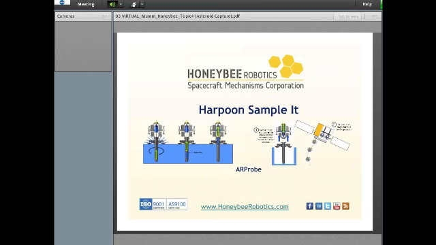We've developed harpoon samplers where you essentially fire ballistically a harpoon at an asteroid and you sample it, and it's tethered, so you reel it back to the spacecraft again, so you could do some science in situ.